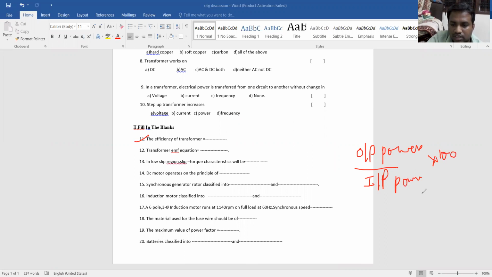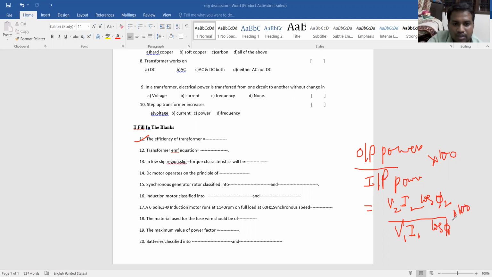You can write either this, or you can write output power as V2 I2 cos phi 2, because power is the product of voltage and current, and input is V1 I1 cos phi 1. So you can write this formula into 100. This is the transformer efficiency.